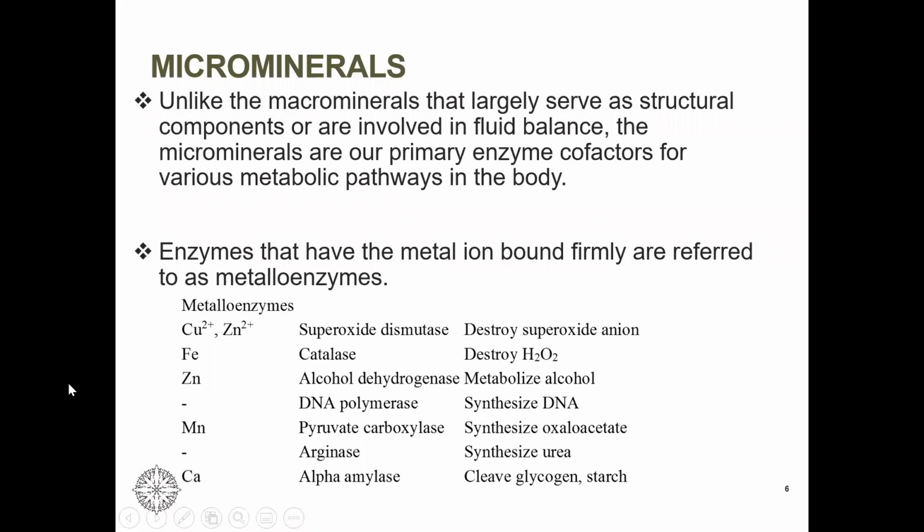So you can see copper and zinc both are structural components of this metalloenzyme. Then catalase again is our endogenous antioxidant, and it requires iron. And then we'll talk about zinc and manganese in the coming slides. So that's just an overview of how important they are despite being required in micrograms by our body.